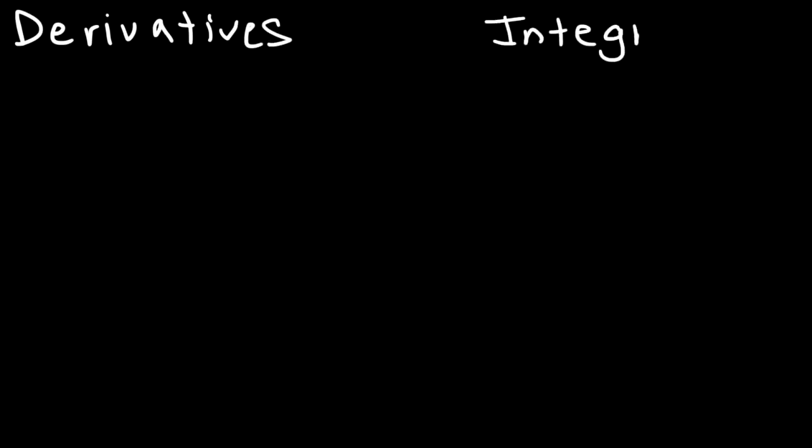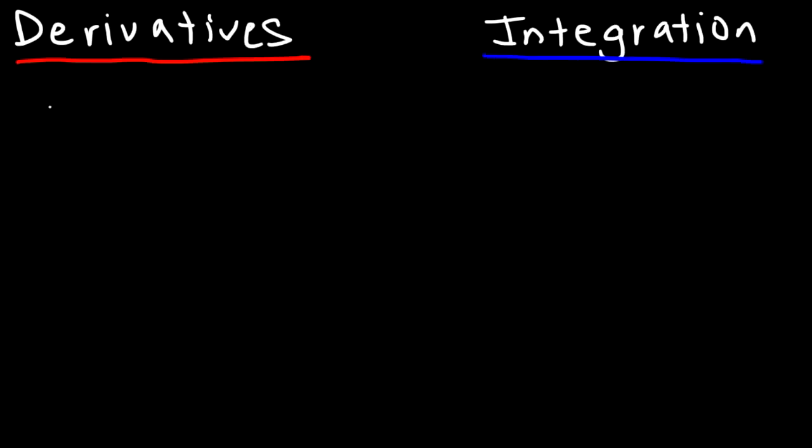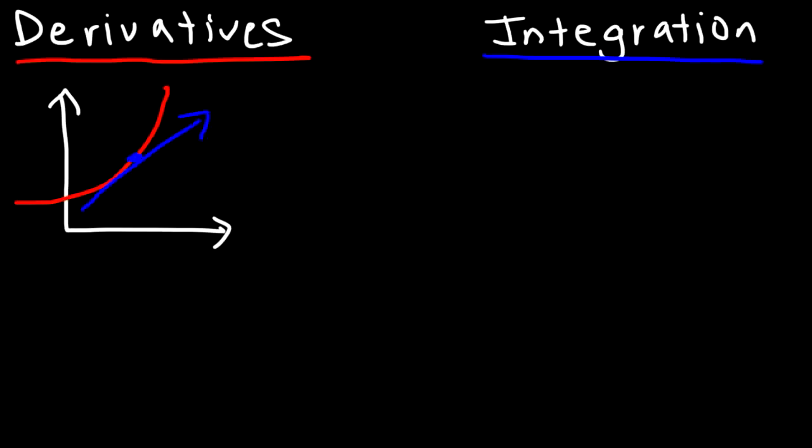Now I want to take a minute to compare derivatives and antiderivatives, or integration, side by side. Just so you could see a summary of the key differences between the two. So when dealing with derivatives, you're looking for a function that will tell you the slope of the tangent line, which touches the curve at one point, at some x value.